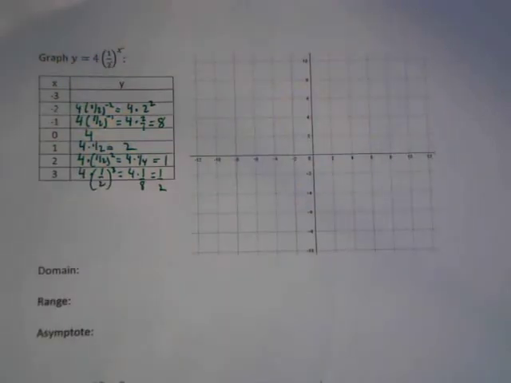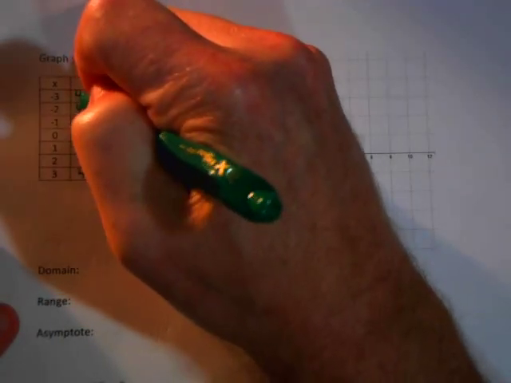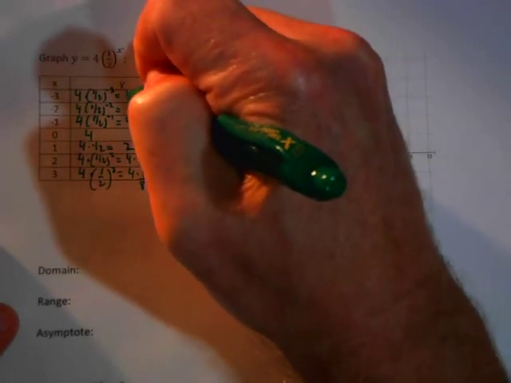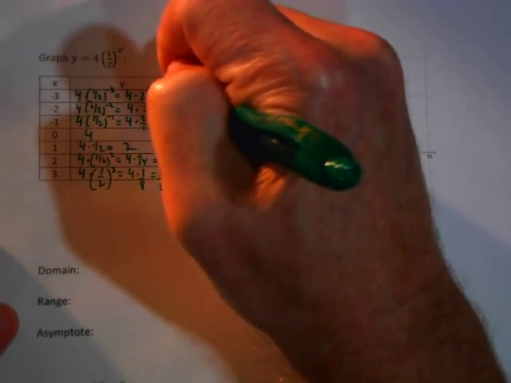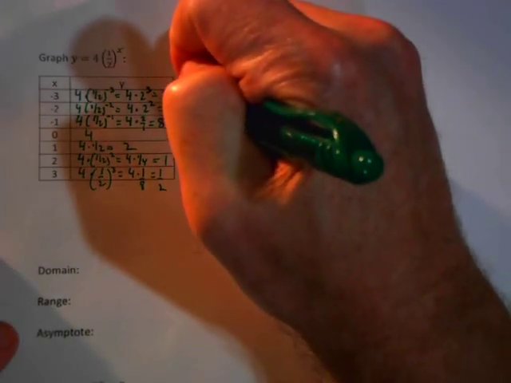Again, the negative exponent flips the fraction. 2 squared is 4, and 4 times 4 is 16. And then this one becomes 4 times 1/2 to the negative 3. That's 4 times 2 cubed. That's 8 times 4, that's 32.